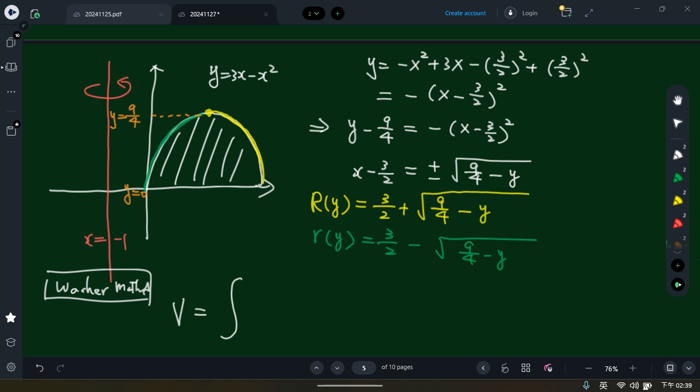So that will be from 0 to 9 over 4. And using the outer pi R of y squared minus pi r of y squared, then dy.